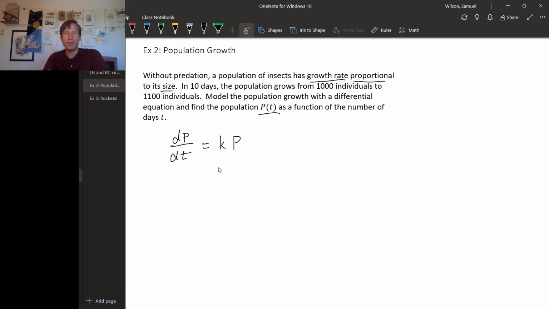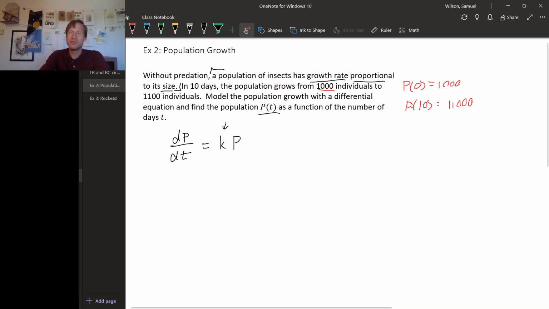Okay, so even just translating this first sentence, you see we get a differential equation. And so we could stop and solve this differential equation right away. We don't know this constant of proportionality yet, but we have some other data here, right? We know at time 0, the population is 1,000, and we know after 10 days, the population is 1,100.